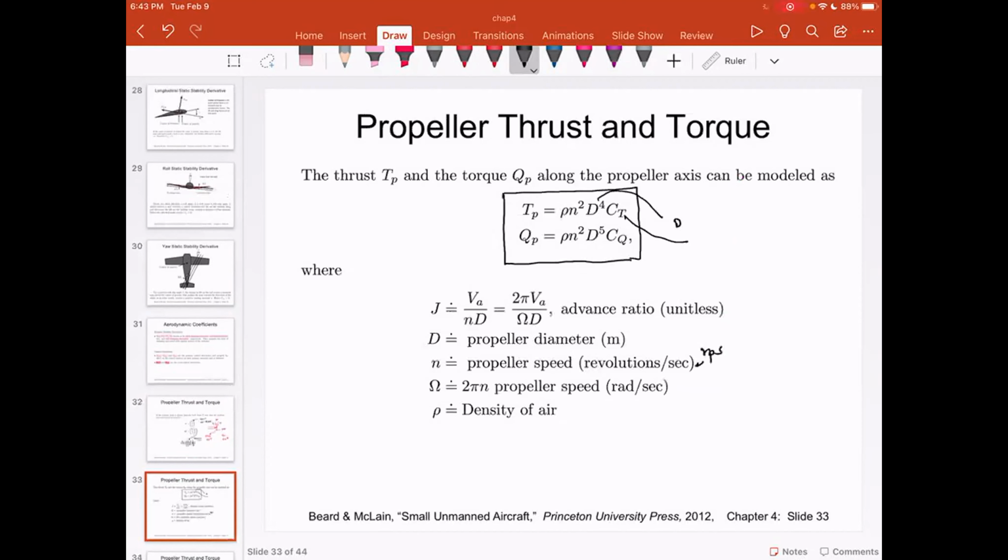So once you select the prop, then Ct for that prop would be known. If you look at a particular configuration of propeller, it will describe all the design parameters and the value of Ct. So you can find out what would be the thrust that is generated by that prop at a particular RPM. So please note, n is something that you control by means of the throttle.